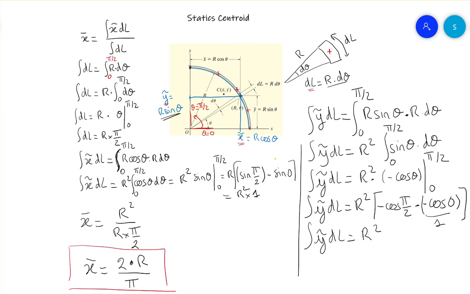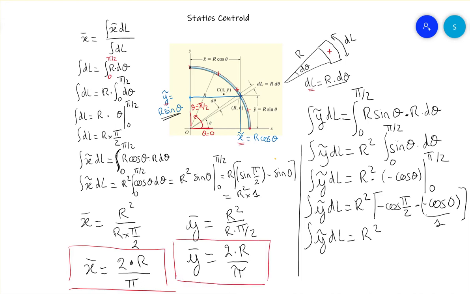So we get the exact same answer. y bar is equal to r square divided by r times pi divided by 2, so y bar is equal to 2 times r divided by pi. That's true for any r, for any quarter of a circle.